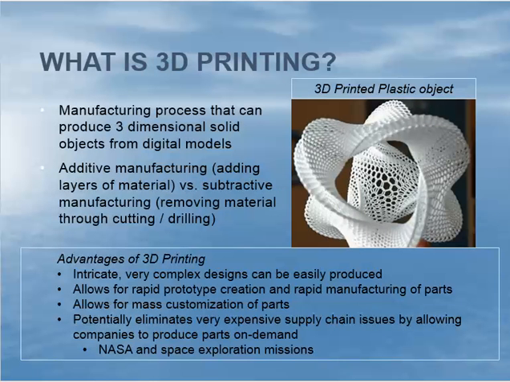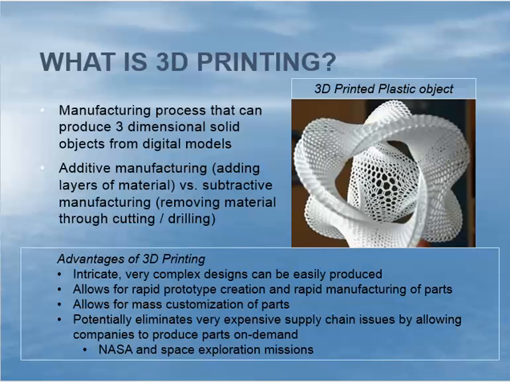Now we talk a lot about 3D printing, so one of the things I want to do is briefly touch upon what 3D printing is. It's a very interesting, very fascinating new manufacturing process. What it does is it produces three-dimensional solid objects from digital models.